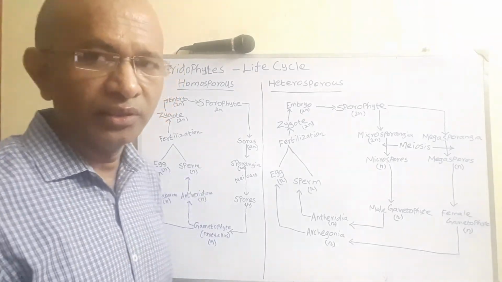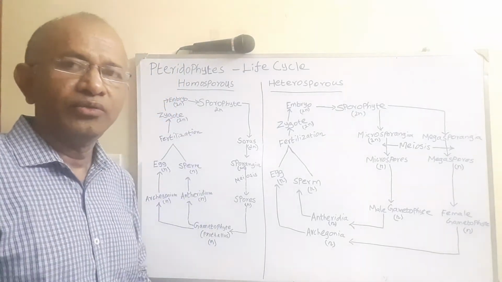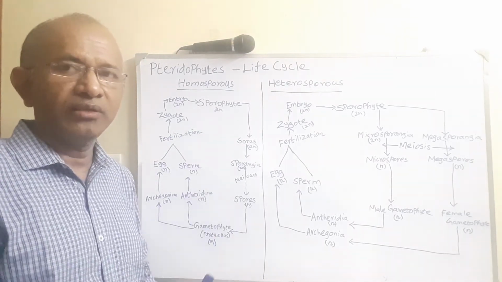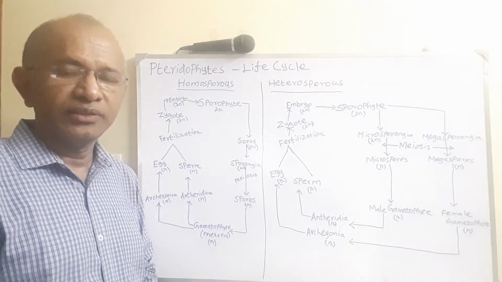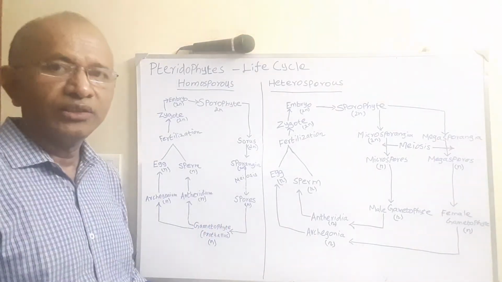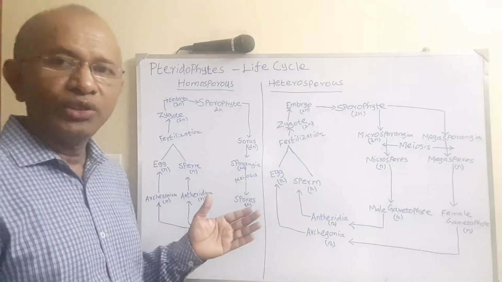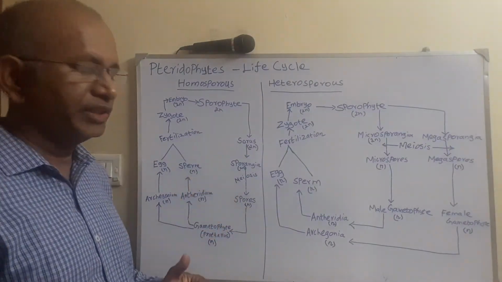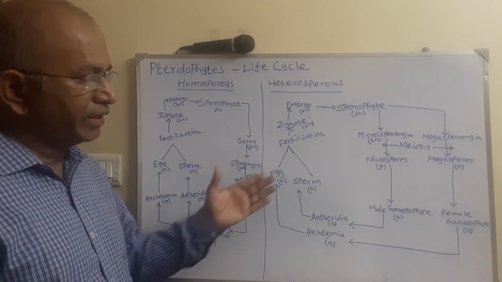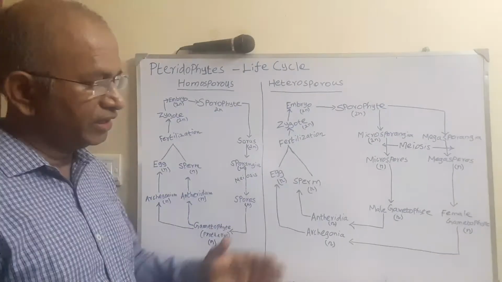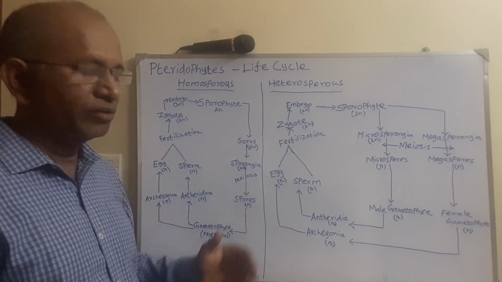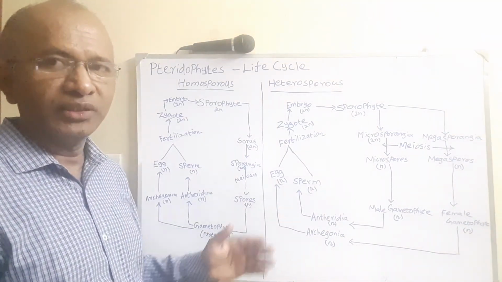So I hope that you can easily understand the overall life cycle that happens in the pteridophytes. So here the important terms are sporophyte, then sorus, sporangia, spores, or we can say microspores and megaspores, then male gametophyte and female gametophyte, then antheridium, archegonium, egg, sperm.